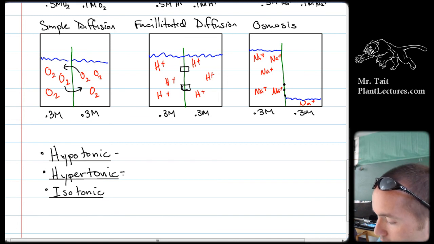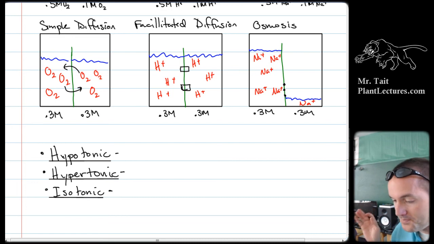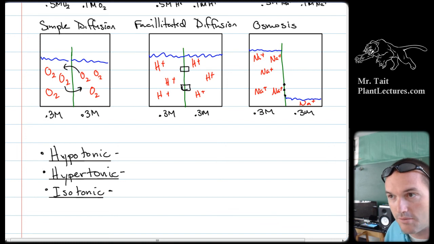And then we just need to be reminded of the prefixes here. So there's hypo, hyper, and iso. Hypo means below, hyper means above, and iso means the same, right? We talked about isomers, right? We talked about isotopes, right? Again, this is isotonic, which means the same.